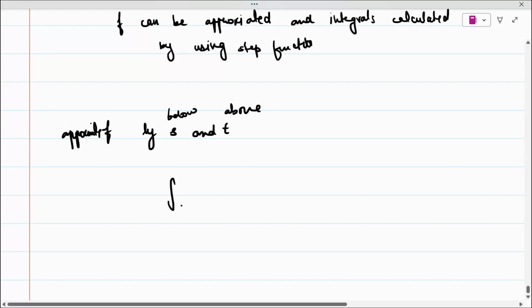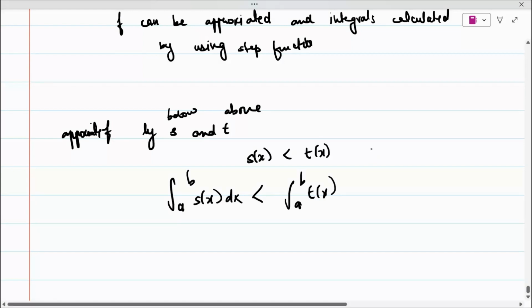And this is a basic collection of numbers, and they are related: s(x) is less than t(x) for all x. This is by the comparison theorem.